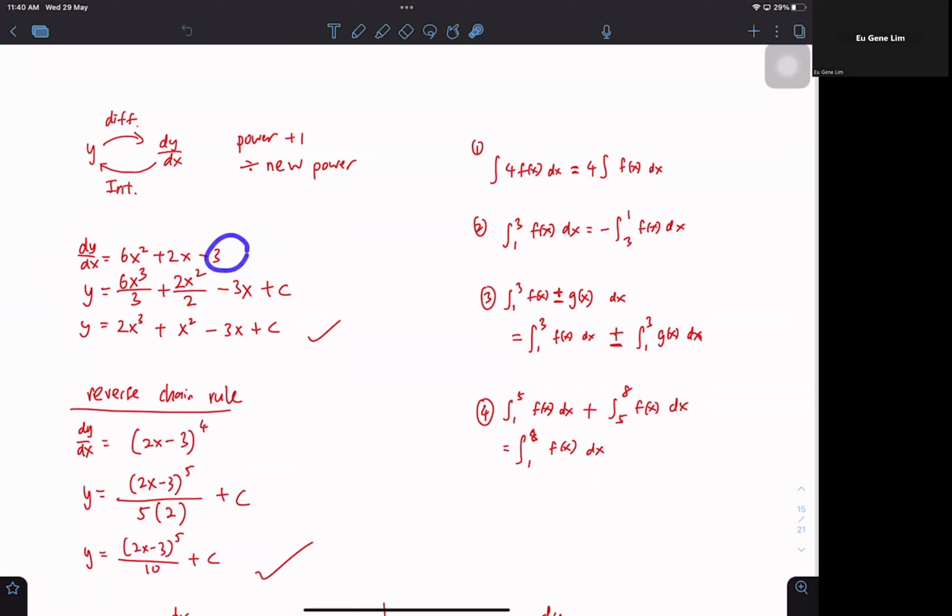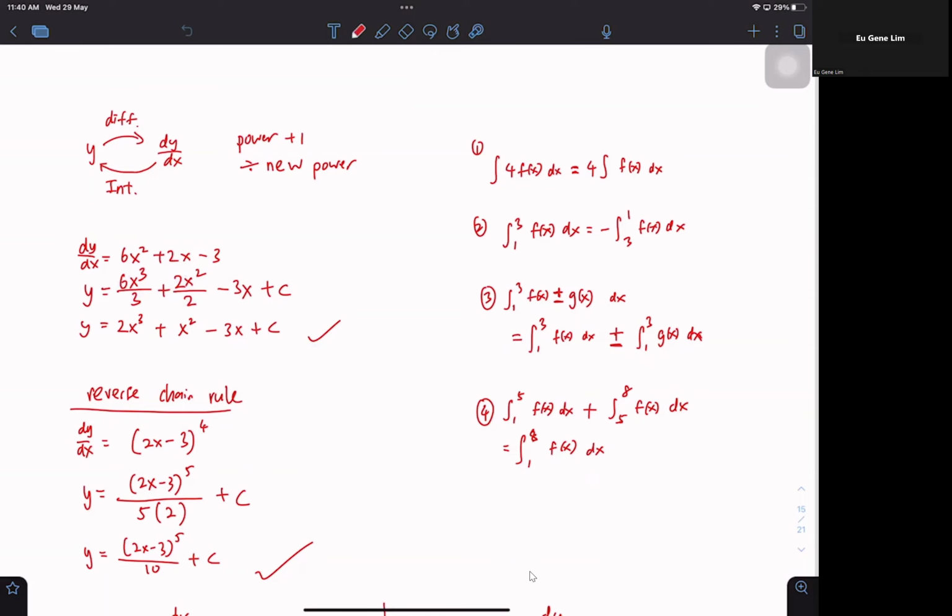If the number has no x, once you integrate, you just give it x. Understand? And then remember, plus c. Then simplify anything that you can simplify. 6 over 3 is 2, 2 over 2 is 1. Then that's the answer. So you know how to integrate.